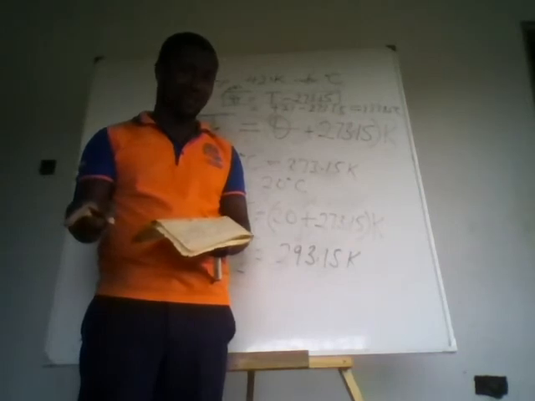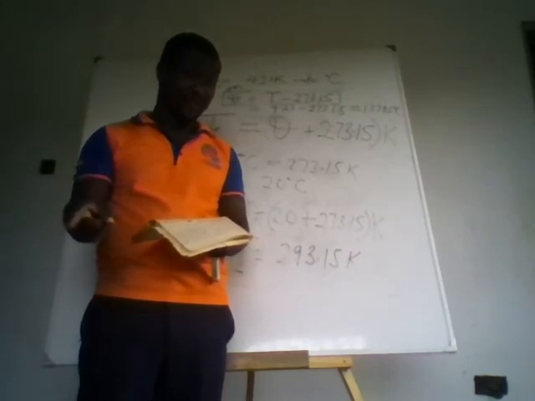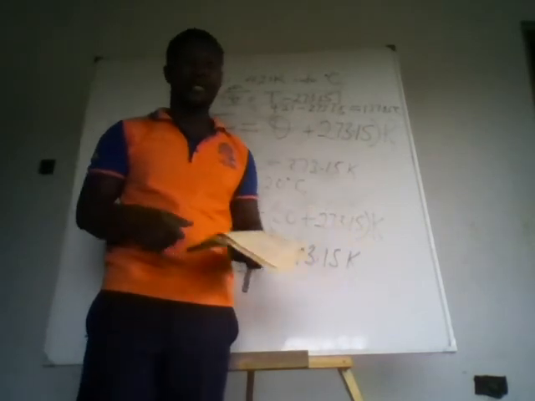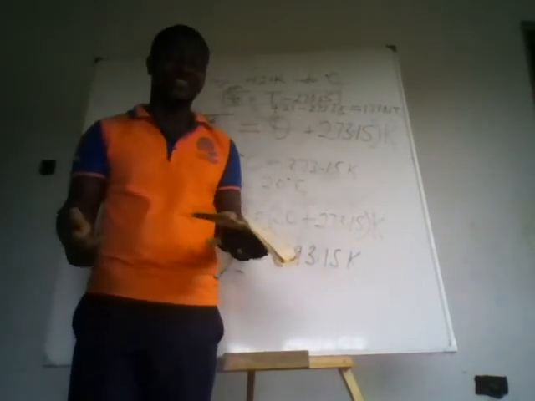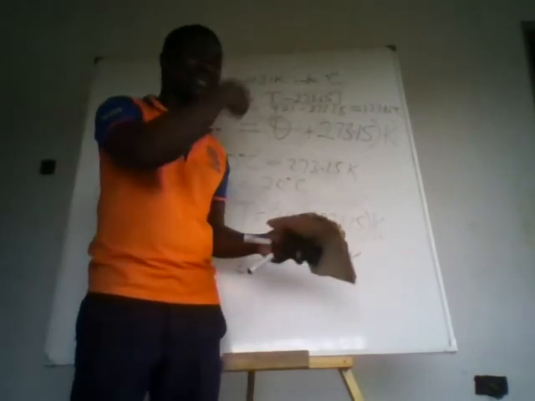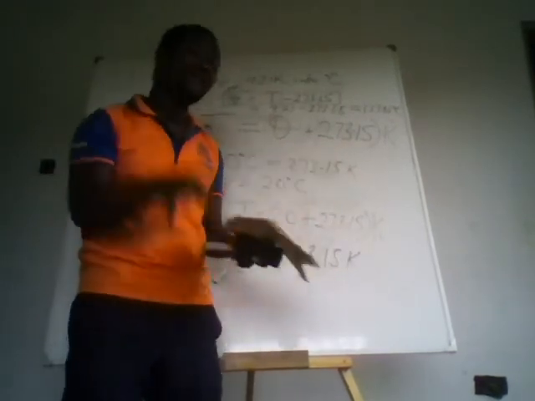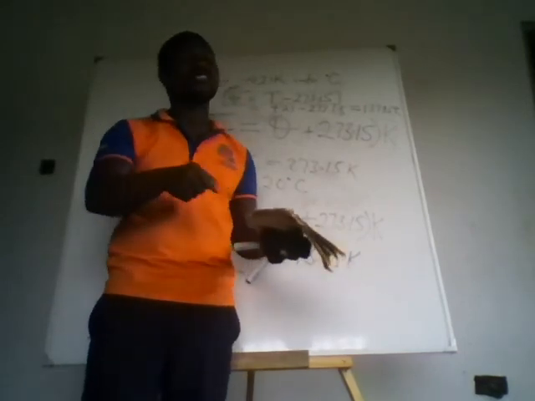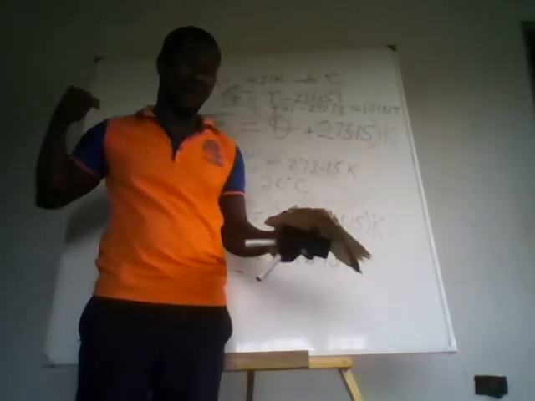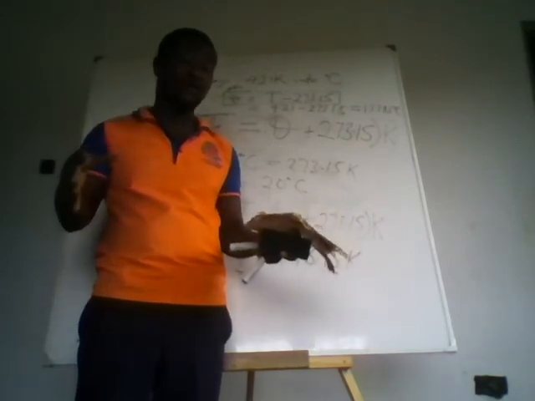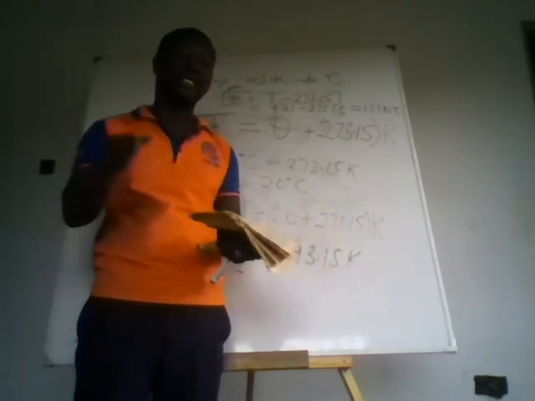What was your choice? Did you pick negative? If you picked negative, then you are correct. If you picked positive, then it means you need to replay this and get it clearer. Because when we have it in Kelvin, we will subtract 273.15, and 42 minus 273.15 will give us a negative value in degrees Celsius.